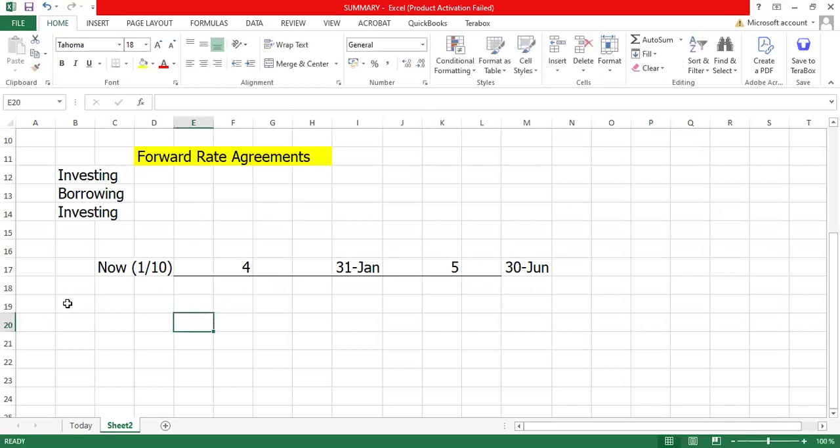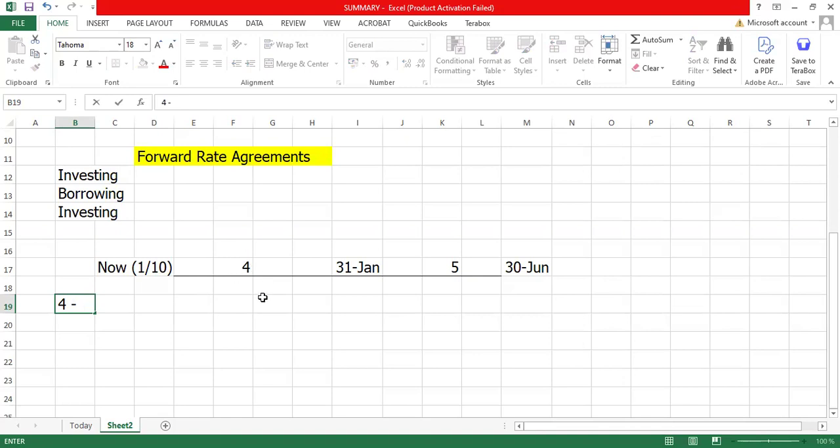So to know the forward rate agreement rate you're going to use, you look at the starting point, that is 4. Then you get the end period.